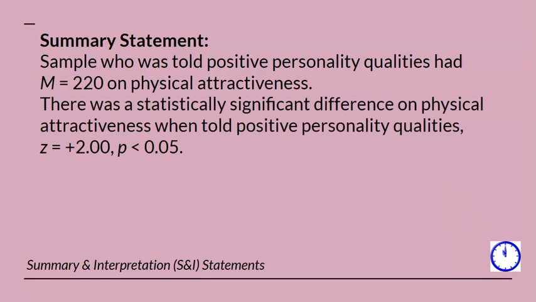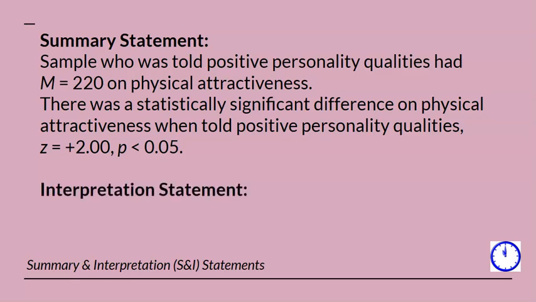The second sentence will report the z-score, the significance level used, and the decision you made. Please note that we never say that we rejected the null hypothesis in the statement. Instead, we use the phrase p is less than 0.05 to let our audience know that the decision is to reject the null hypothesis.